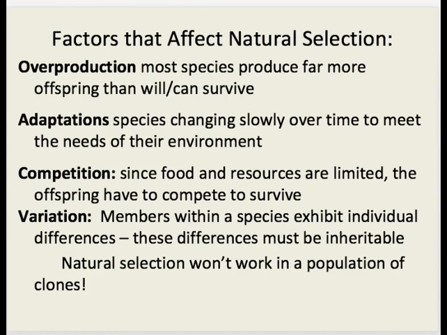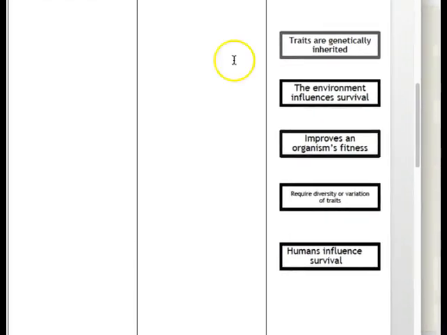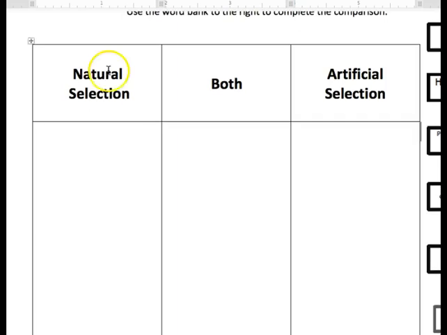So ladies and gentlemen, again, I'm not going to give you the answer, what column it goes in. You're going to need to figure that out for yourself. But what you are filling in is that it improves an organism's fitness, meaning it increases its chance to survive. And you're going to need to put that in the correct section. Pause the video if you need more time to write.